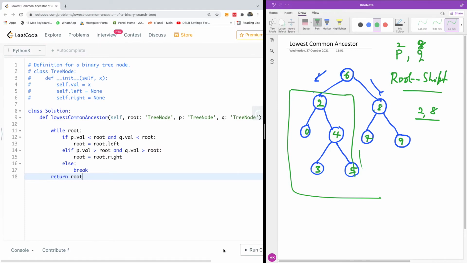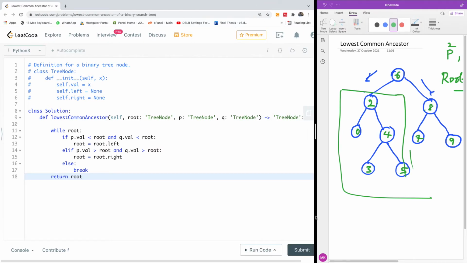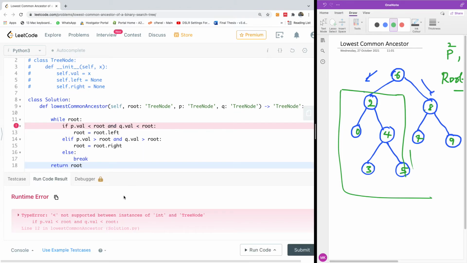Let me run this code and see what we have. It's going to be val.val here.